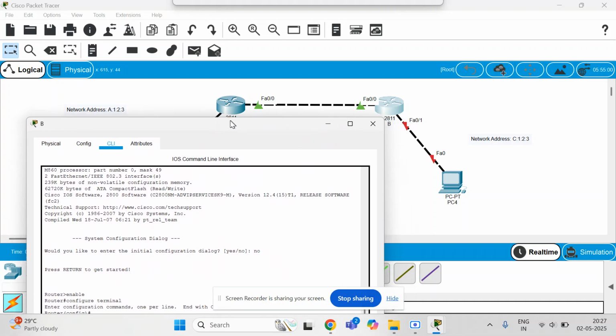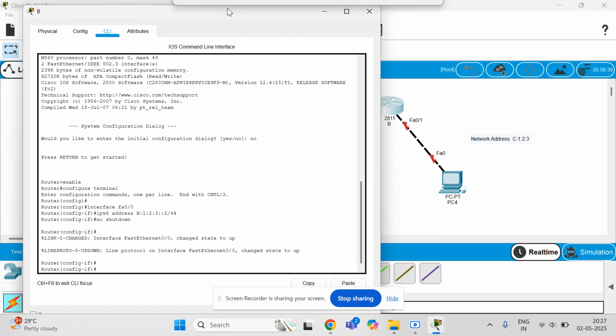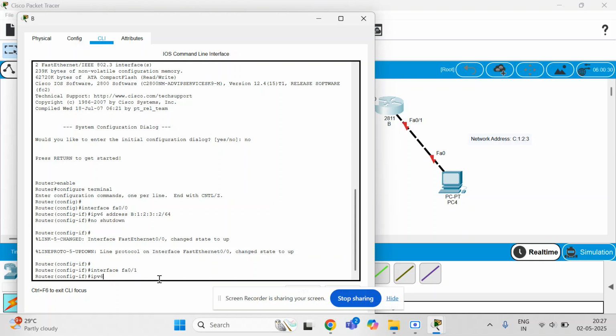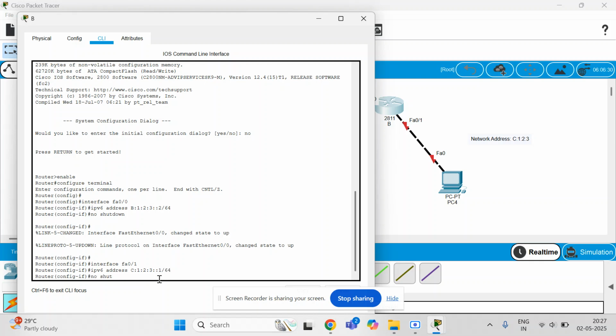So the second interface of the second router, that is FA0/1, is connected with the PC. So I'm opening that interface FA0/1, IPv6 address C colon 1 colon 2 colon 3 colon colon, suppose 1 slash 64. No shutdown.